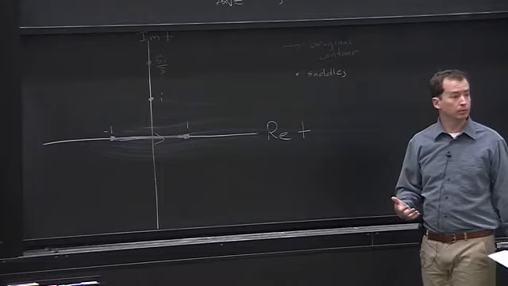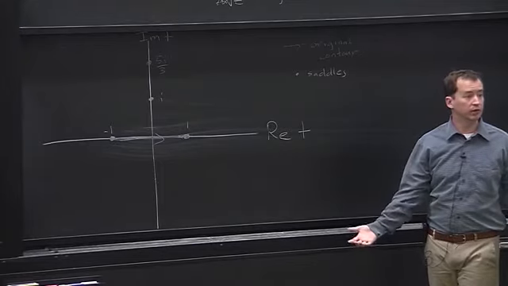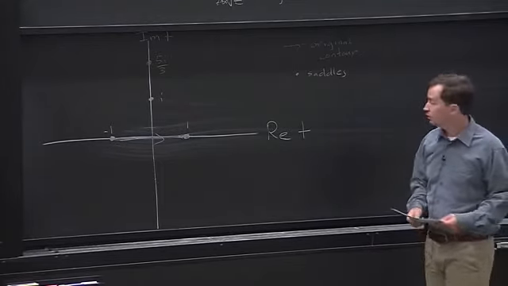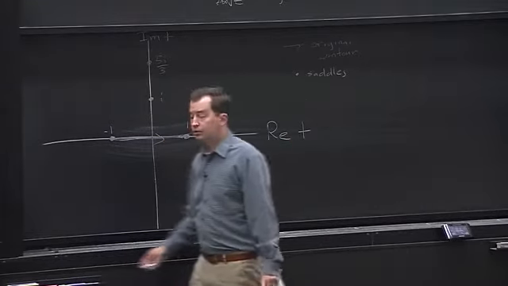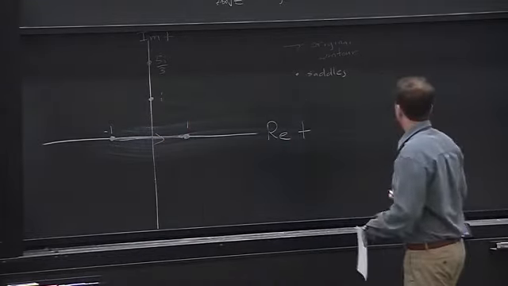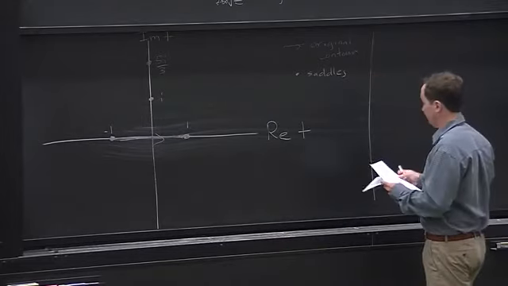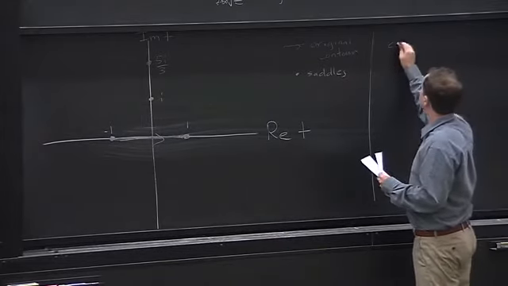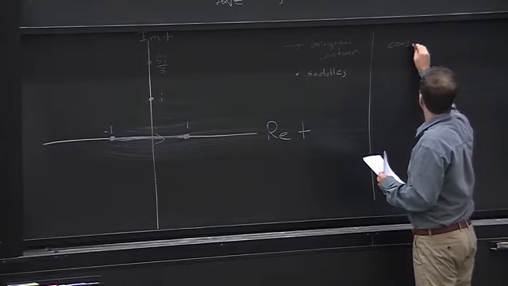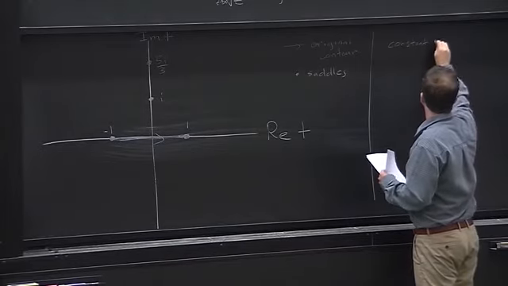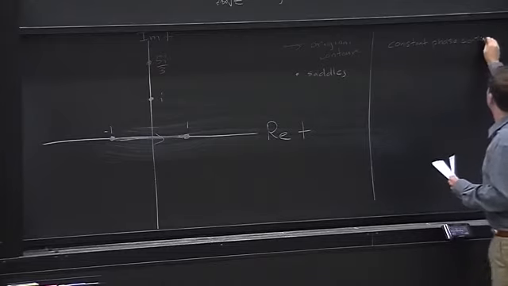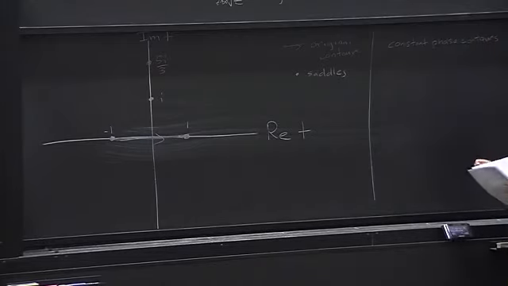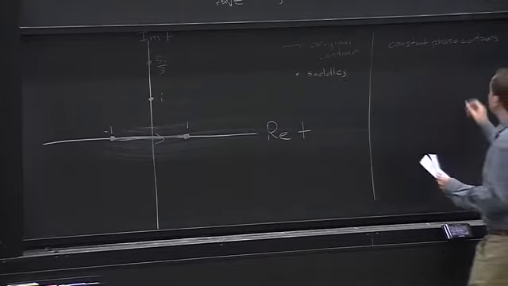And we can do that by looking at what the constant phase contours are. So constant phase contours are determined by the imaginary part of rho.